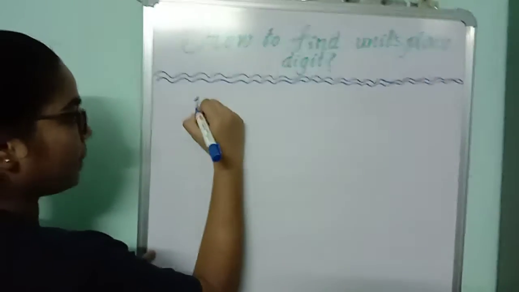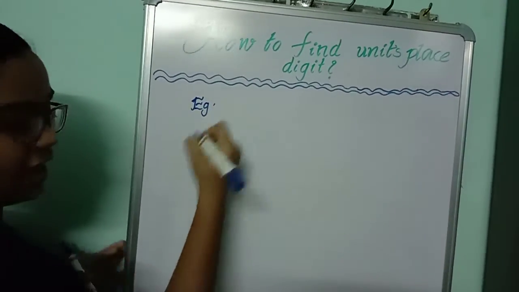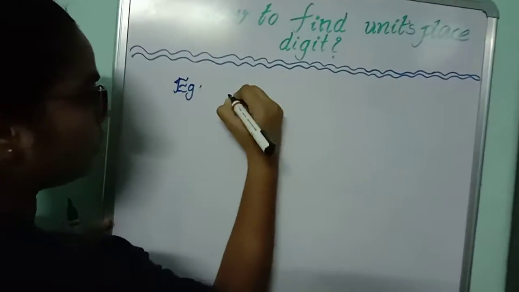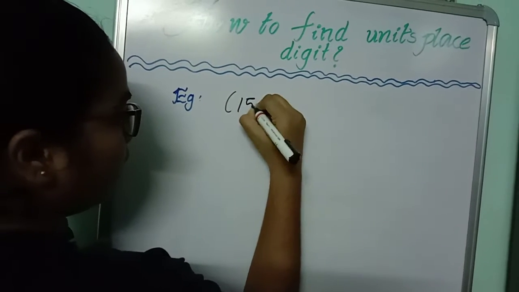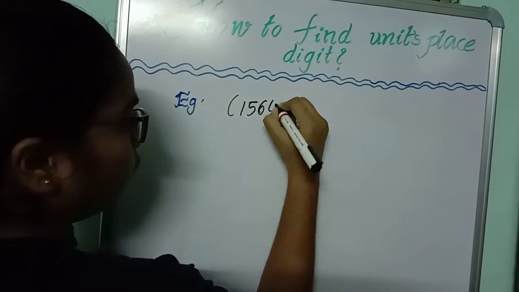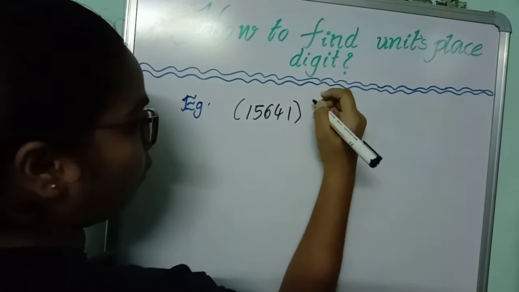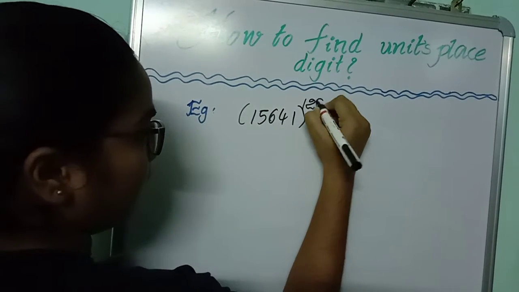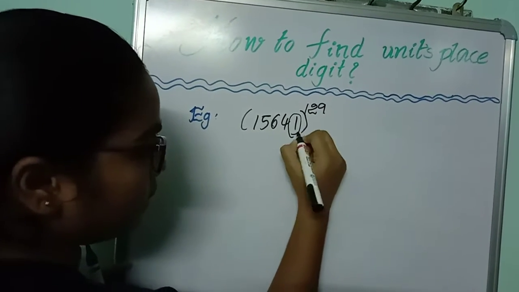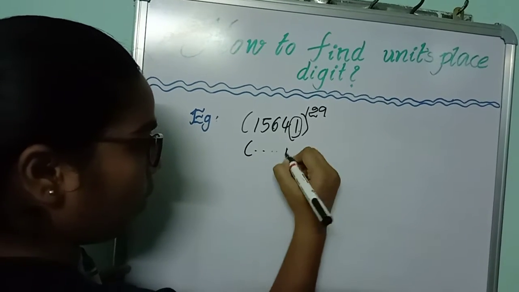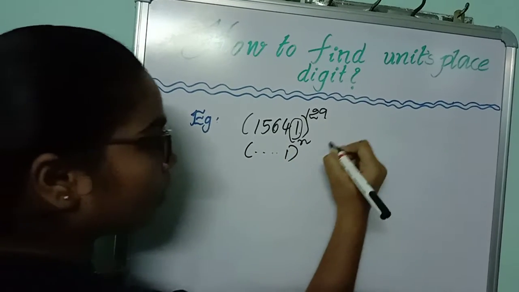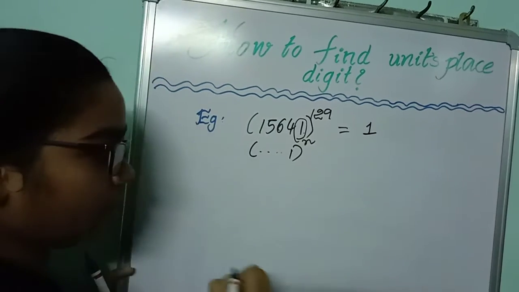Now let us see some examples based on the tricks we have discussed. For example, 1541 whole power 129. Here it ends with 1, so it is in the form of 1 whole power n, and the unit digit becomes 1.